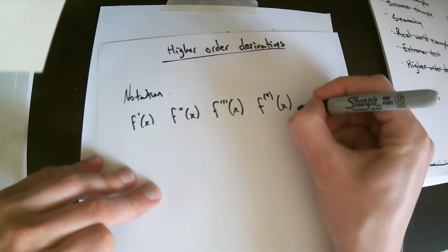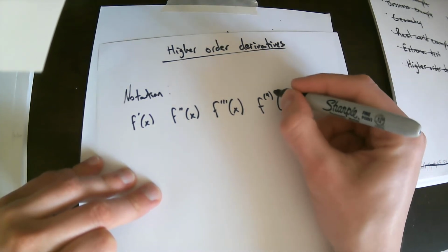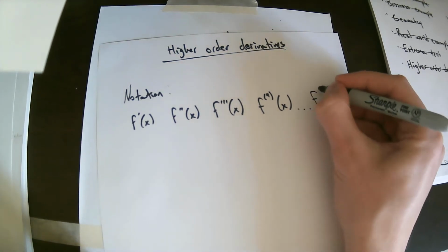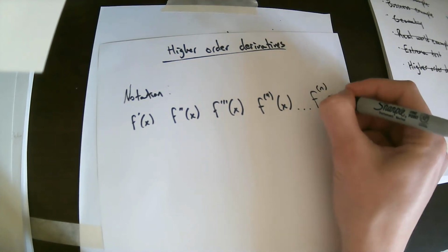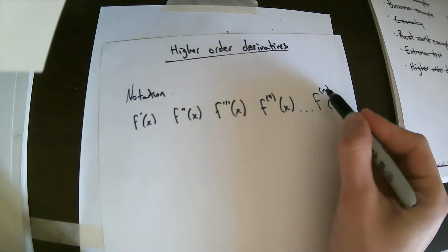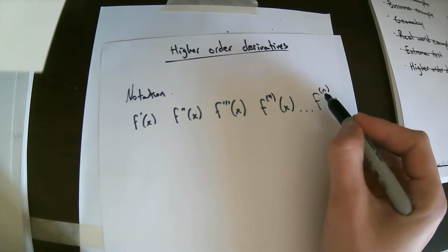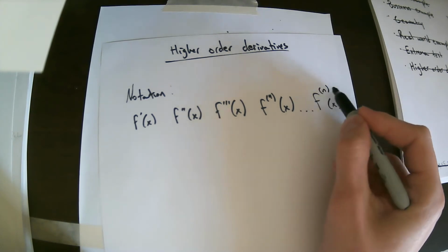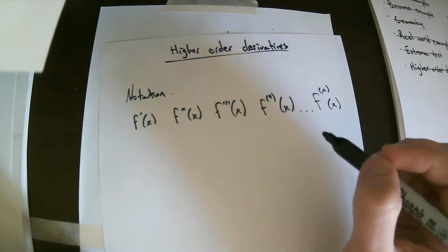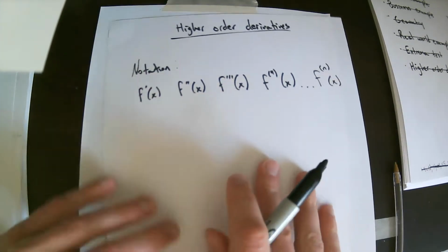So the next one would be f raised to the fifth, but it's not a power, it's a number of derivatives. So the nth derivative would be f with n in the position where an exponent would be, with parentheses. You need to have parentheses around it. That's how you denote that it's a derivative and not an exponent.